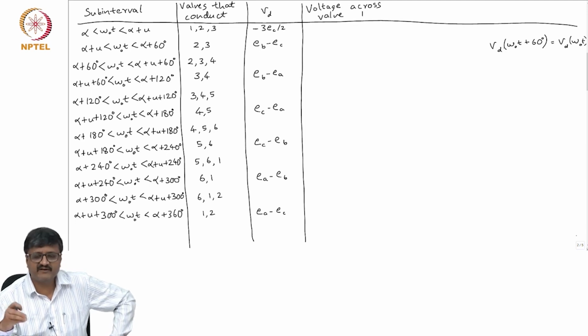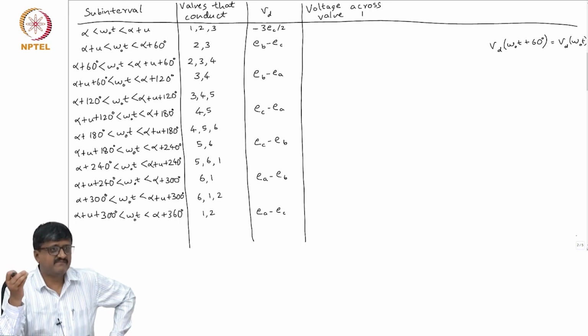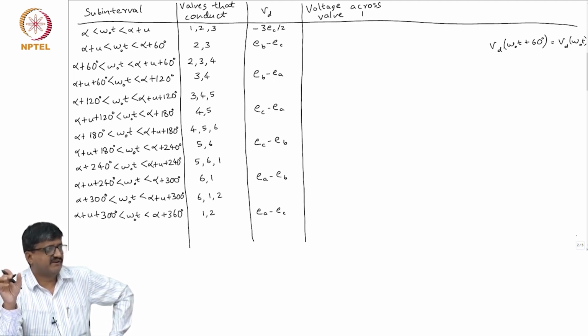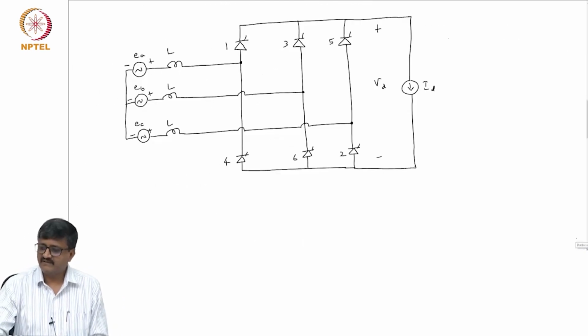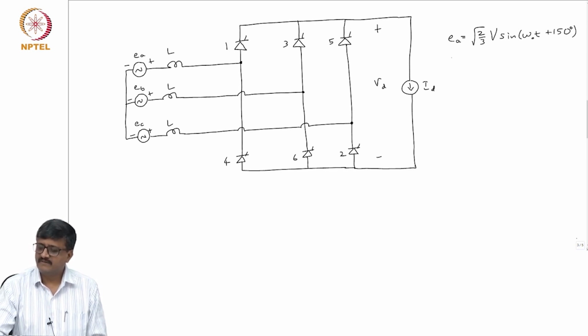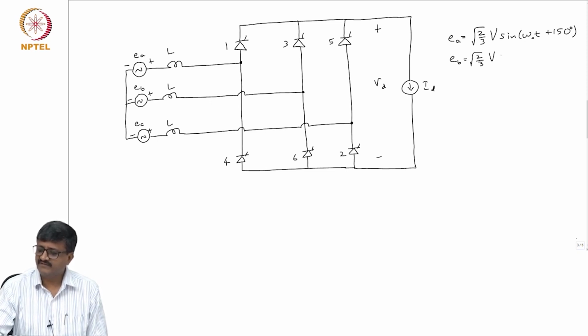So, which voltage is lagging or leading EC by 60 degrees? Should I take lagging or leading? The first subinterval has minus 3 by 2 EC. So, what is the expression for EC? Let us look at the expressions. EA is root 2 by 3 V sin omega OT plus 150 degrees. EB is root 2 by 3 V sin omega OT plus 30 degrees.